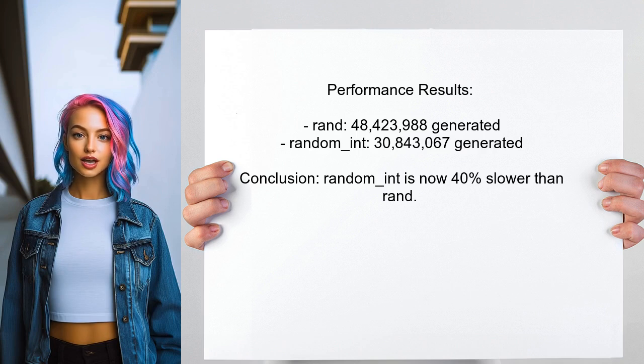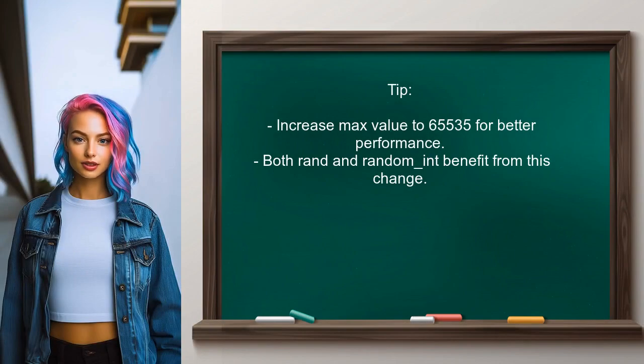This indicates that random_int is now only about 40% slower than rand, a significant improvement from previous versions. The user also noted that increasing the maximum random value from 9 to 65,535 improved the speed for both functions.